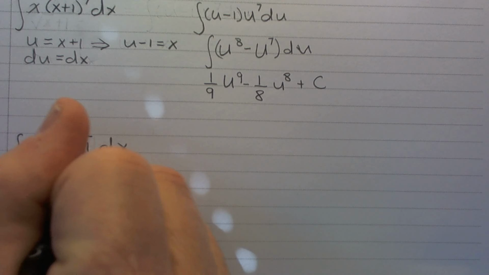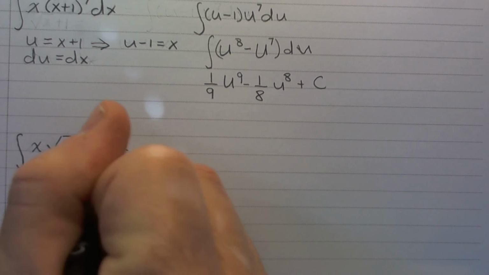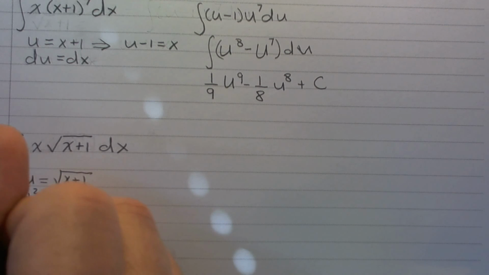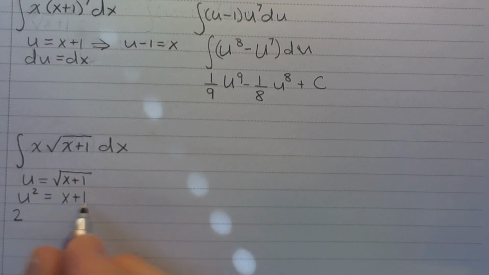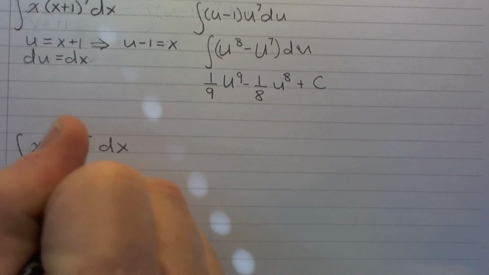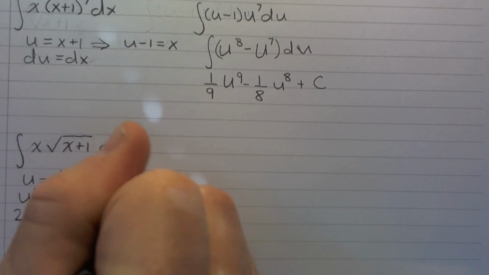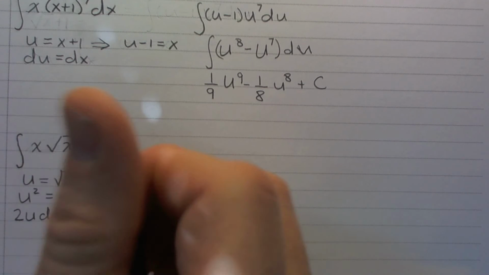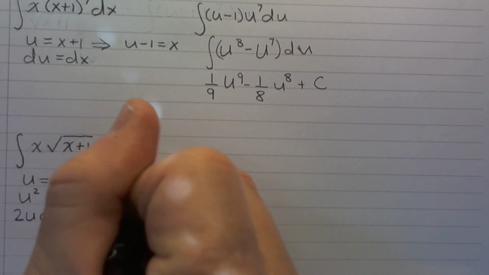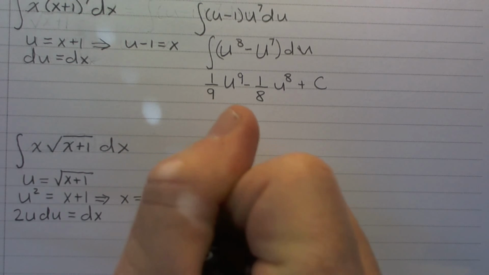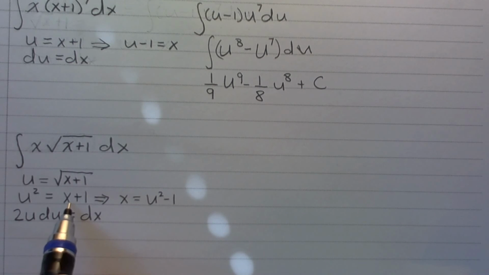I can say, well, then u squared is equal to x plus 1. Now I can find du. Differentiate implicitly, so this would be 2u du equals dx. Also note that x is equal to u squared minus 1. See, just solving for x here.